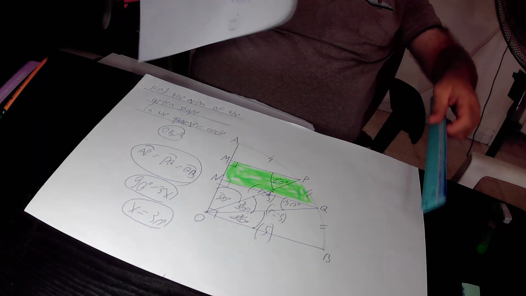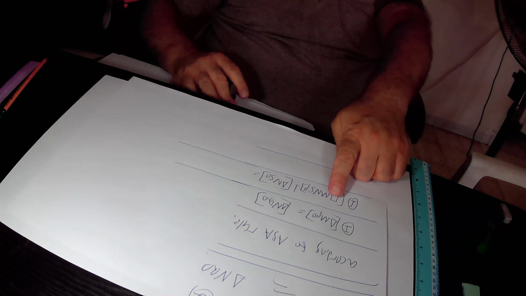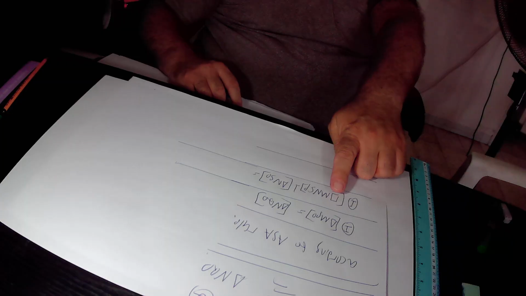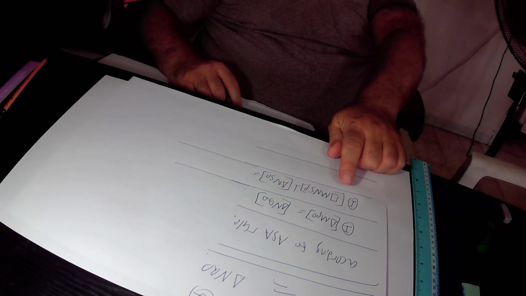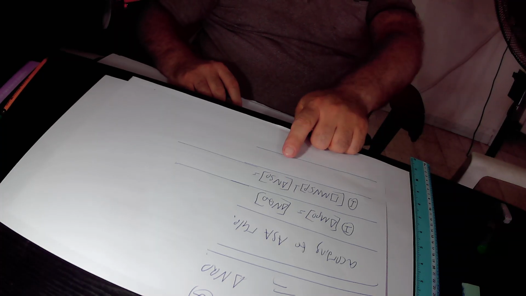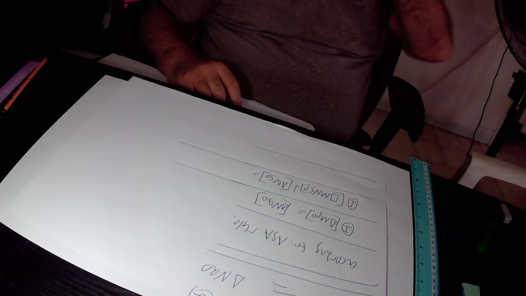So once again, the right triangle MPO is equal to the sum of the areas of the two components that it consists of. That is to say, it is equal to the area of the green quadrilateral MNSP plus the area of the right triangle NSO.